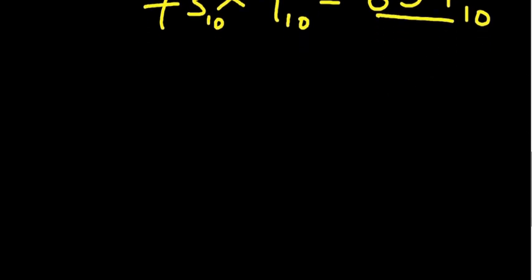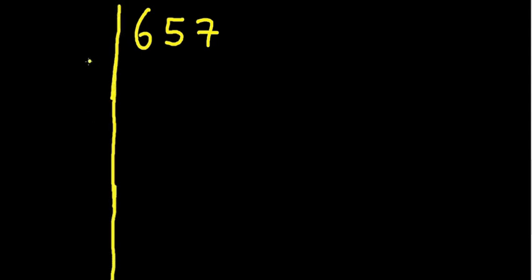Now to do that, let's make a table. We have 6, 5, 7. We're going to divide it all through by 5.